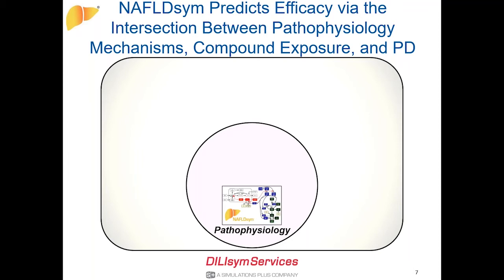For QSP modeling, I think the focus is that the foundation of the model is a mechanistic mathematical representation of the pathophysiology. So what are the real key components of the disease, in this case, of course, NAFLD and NASH, and then capturing those mathematically, so that in doing so, you represent simulated patients, simulated populations.